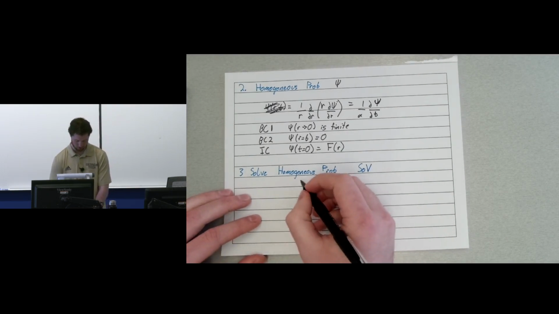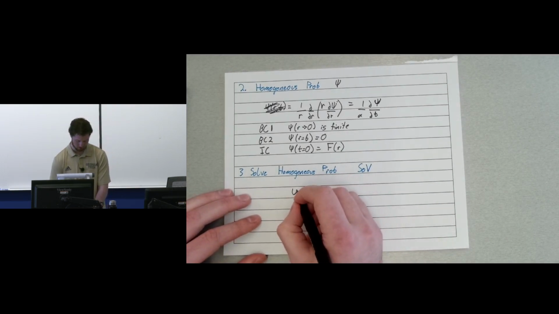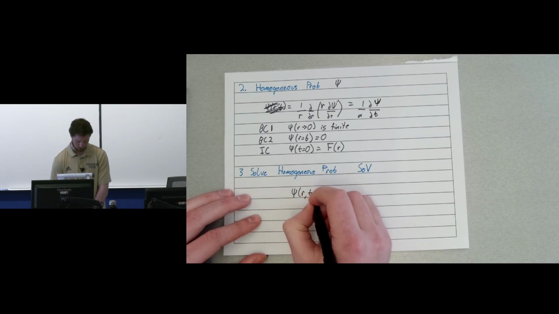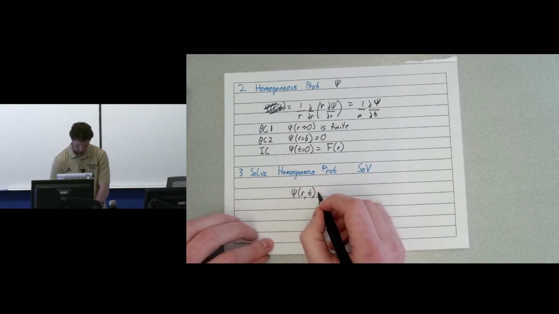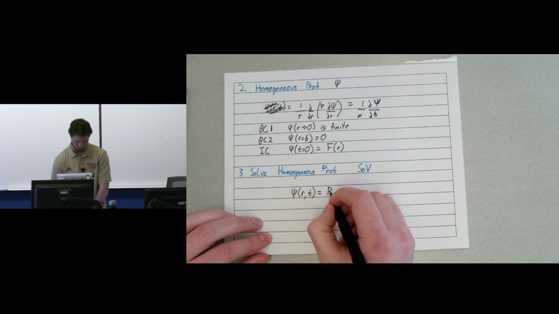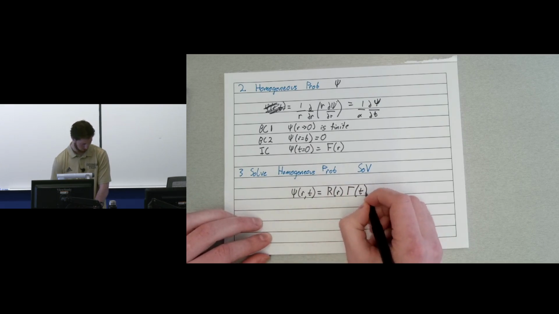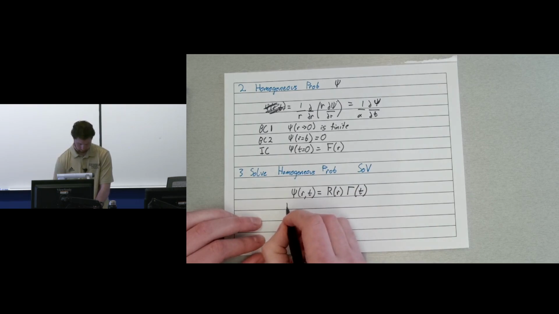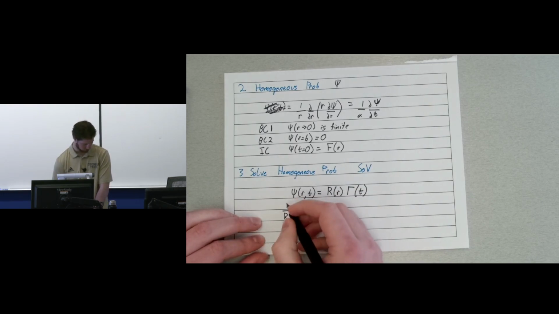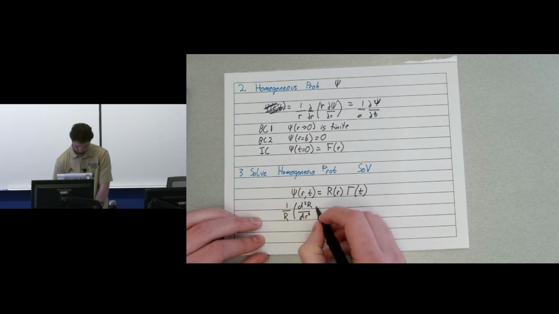So I'm going to go pretty quick through this because you've all done it before, but we're going to say psi of r and t is going to be equal to some function in the r direction and some function in the time direction. So we can implement that.